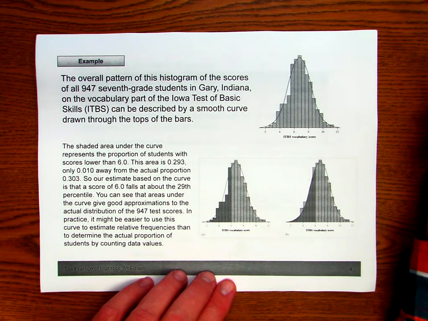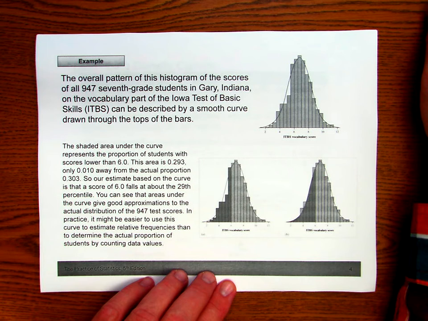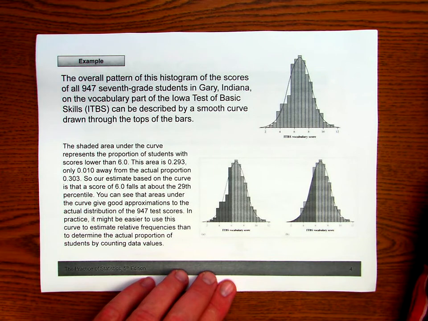So, for a specific example here, the overall pattern of this histogram of the scores of all 947 7th grade students in Gary, Indiana, on the vocabulary part of the Iowa Test of Basic Skills can be described by a smooth curve drawn through the tops of the bars. The shaded area under the curve represents the proportion of students with scores lower than 6.0.